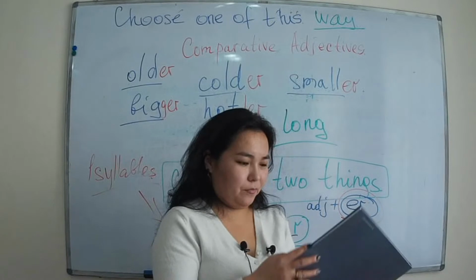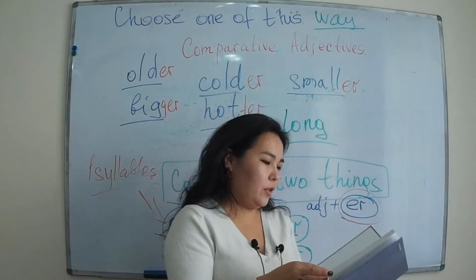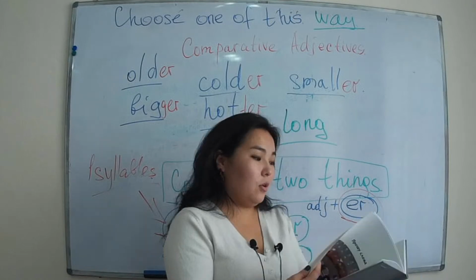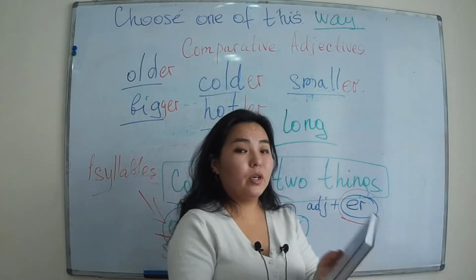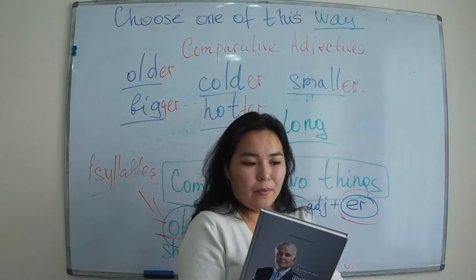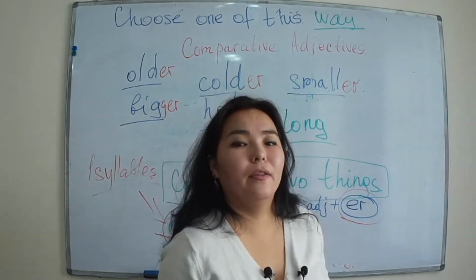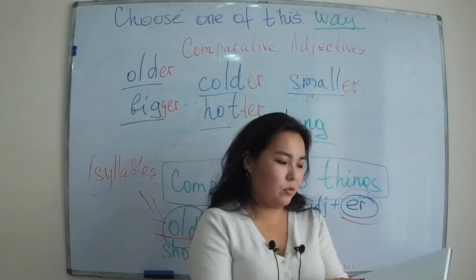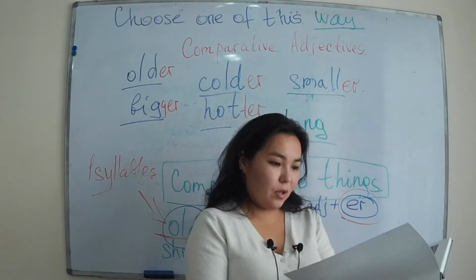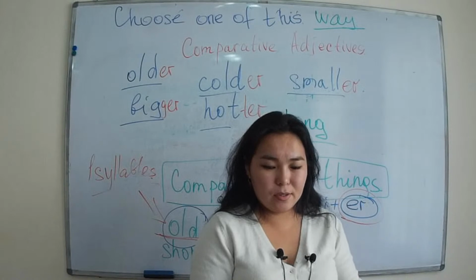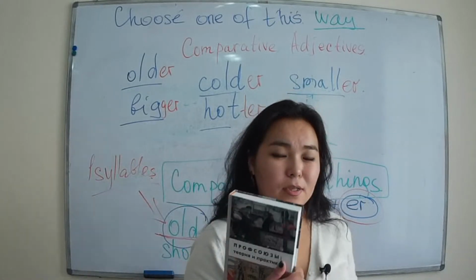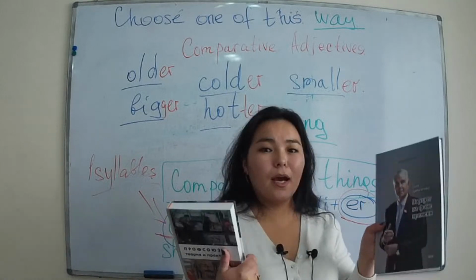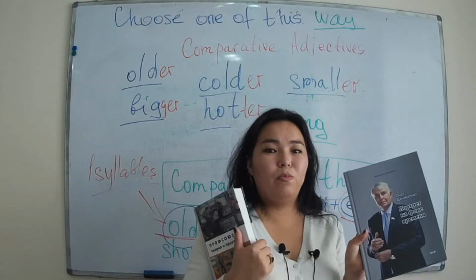Or another variant. For example, I have this book, and according to the number of pages, this book is longer than this. For example, this book has about 500 pages, and this book has only 100 pages. And I compare these two books.